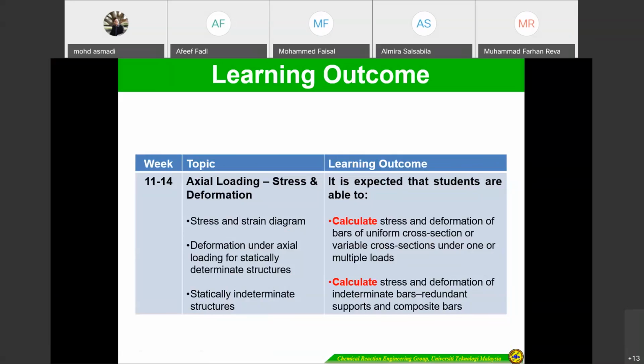So we are going to discuss the stress and strain diagrams. We are going to learn deformation under axial loading for statically determinate structures. The main thing is the deformation. The symbol is delta, as well as for statically indeterminate structures.